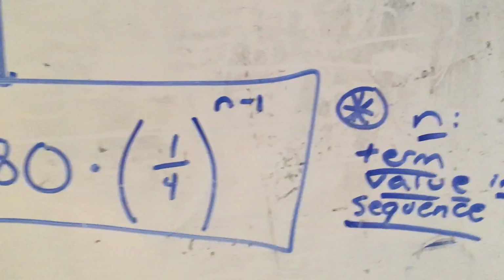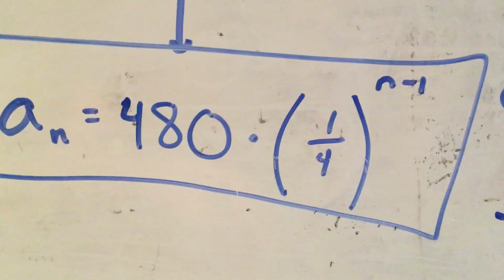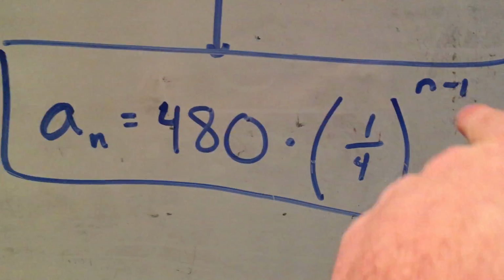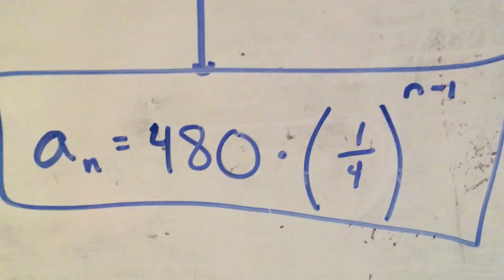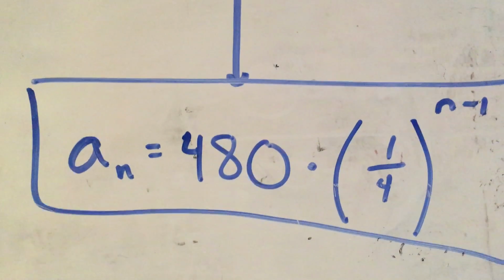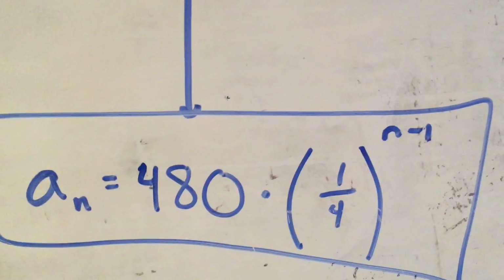And remember, n is the term in the sequence. So for term 1, we plug in 1 for n and solve for a_n, which is 480. And that works for every single term in the sequence.